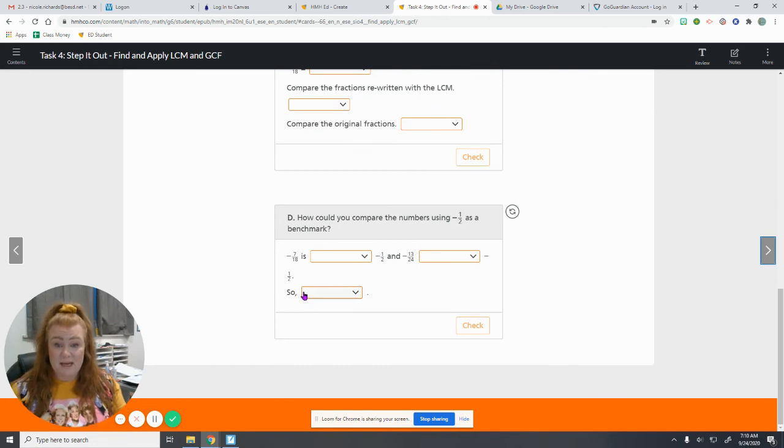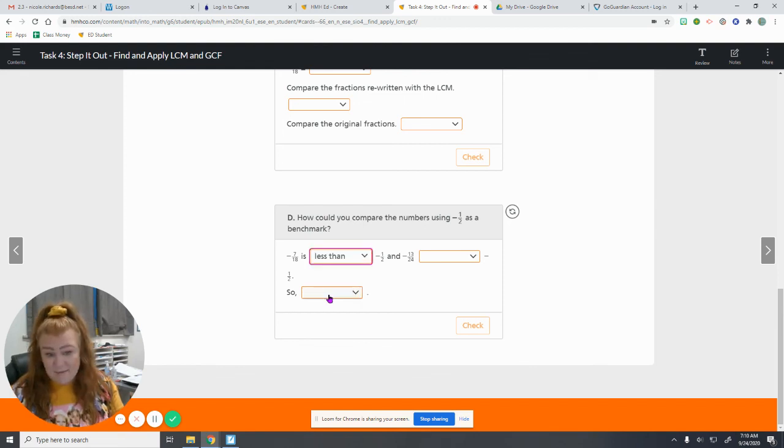And then you compare those original fractions. So how could we compare using 1/2, which is pretty much what we did before? So half of 18 is 9, 18 divided by 2 is 9. 7 is less than 9, so I know that 7/18 is less than 1/2.